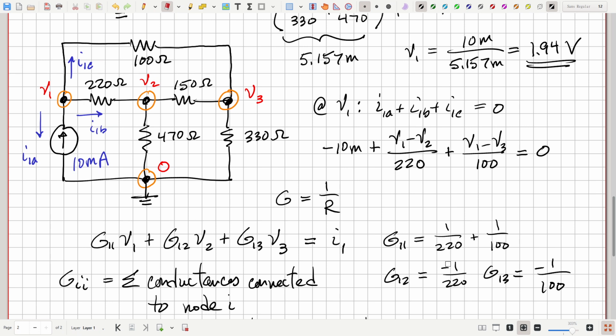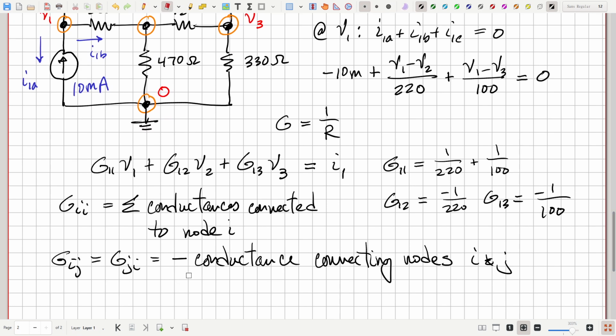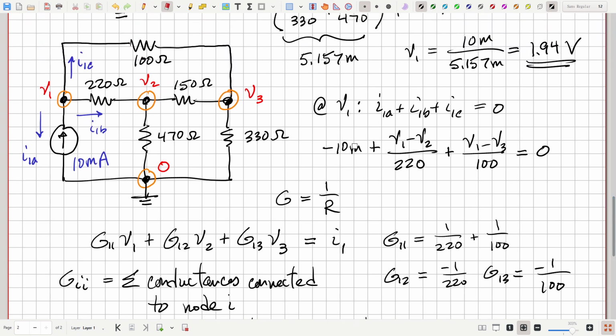G12 is minus 1 over 220. Here's node 1 and node 2. So the negative of the conductance between those two nodes is minus 1 over 220. G13 is minus 1 over 100. Here's node 1 and node 3. So the resistance between those is 100, so the conductance is 1 over 100, and the negative of that conductance is what goes into the matrix. And then finally, I1 here would just be any source terms. Either can be from a current source like this, or later we'll see how a voltage source gives you a current term.